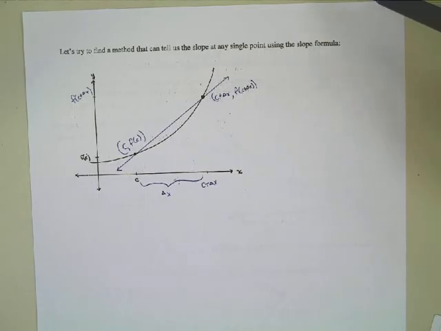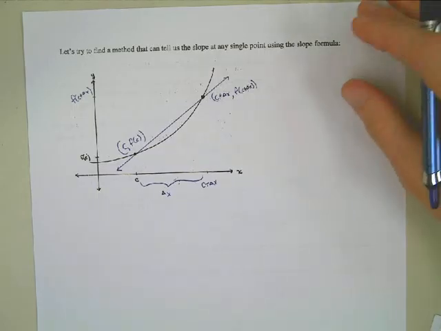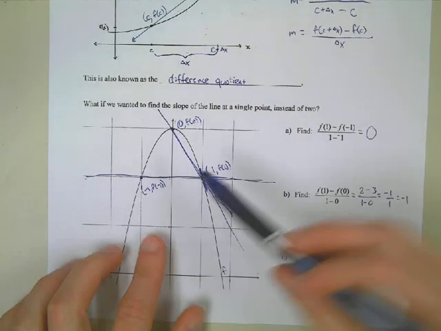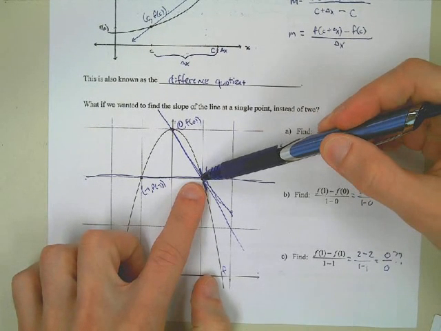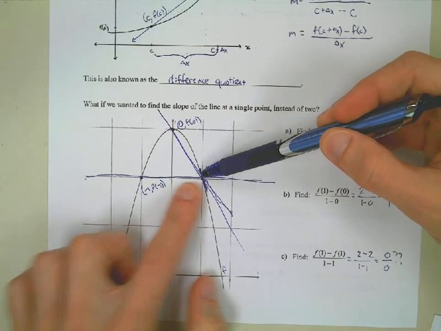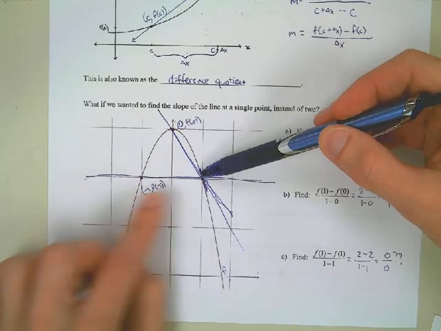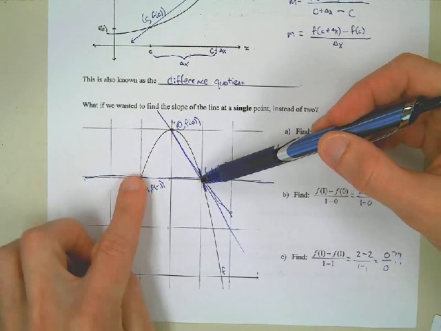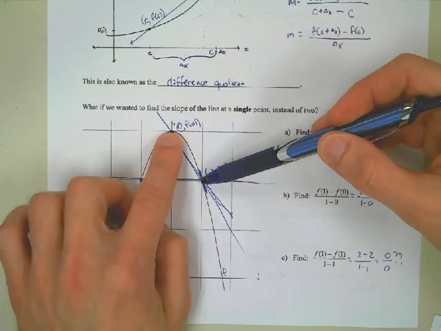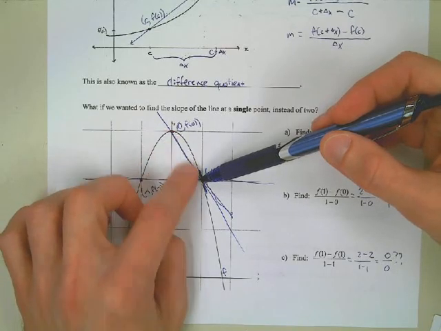And so the purpose of what we did on the front was I was trying to show you that we kept this point. We kept this point, but what did we do to this other point? The other point we brought in closer, right? We started at -1, then we brought it in a little bit closer to 0, then a little bit closer to the exact point, but we could no longer do it.